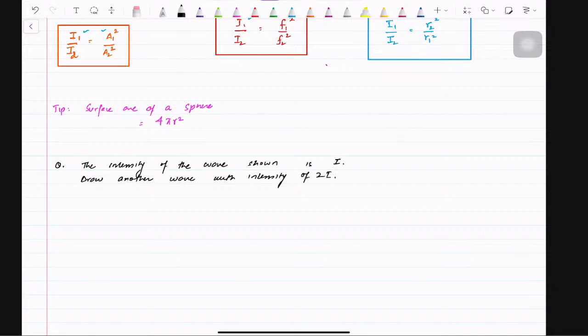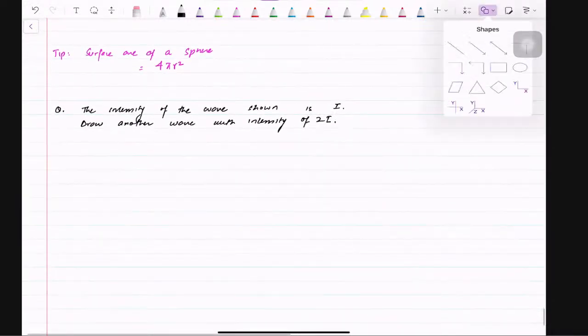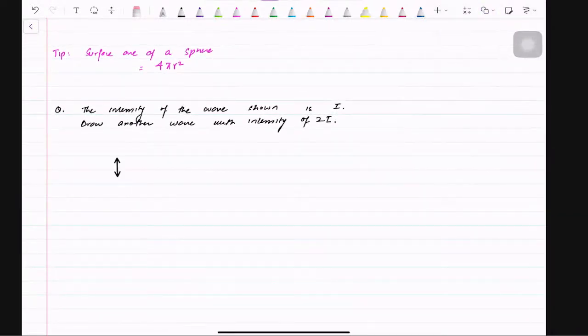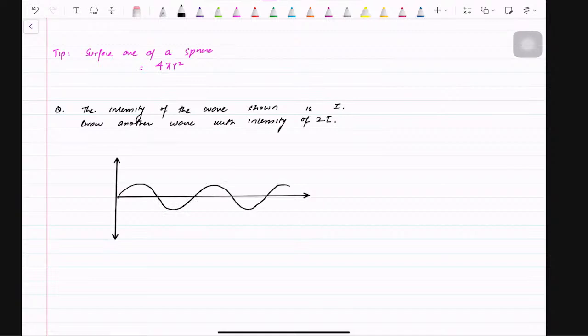Okay. So they have given a wave here, intensity 2I of same frequency. Okay, so they've already written the frequency same.